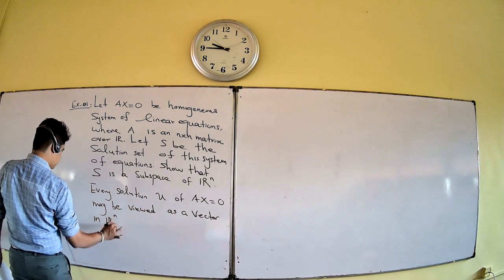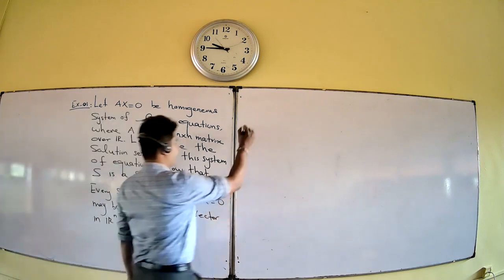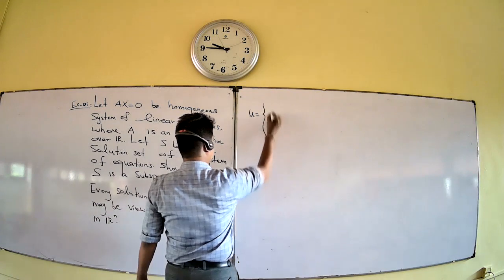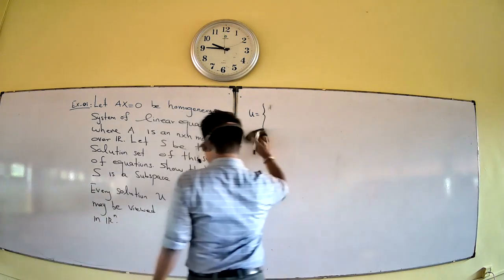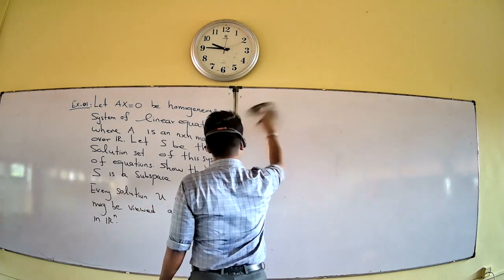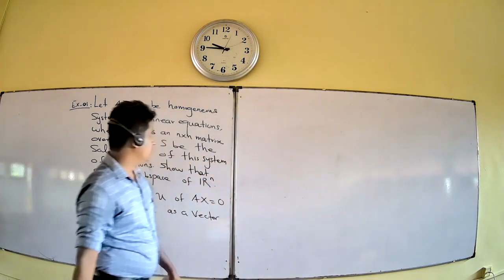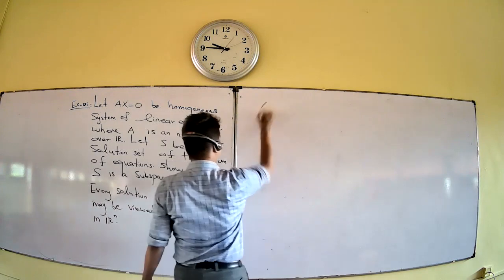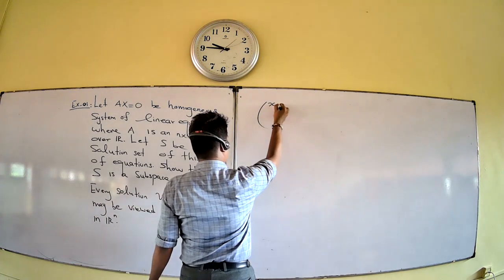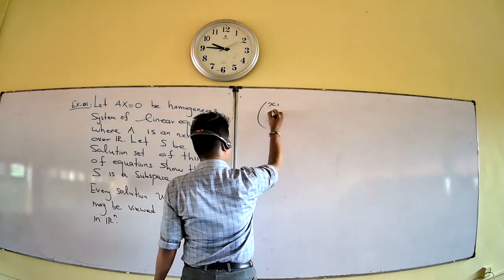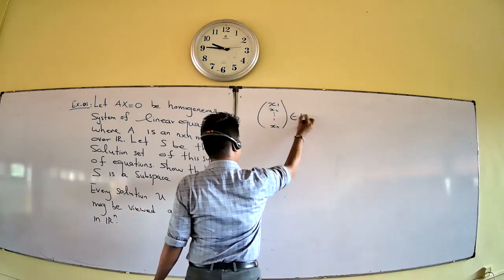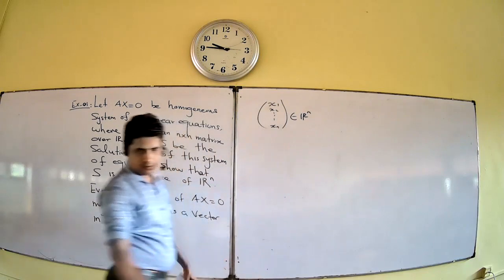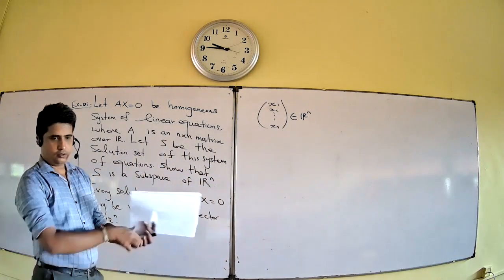Since u is a solution, it is viewed like this: suppose you have a solution s1, s2, and so on up to sn. This vector belongs to Rn, of this form.